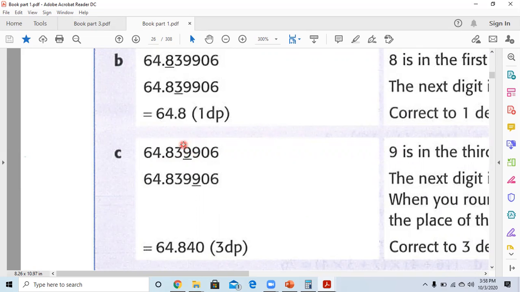This scenario is good because it's a 9, so 9 plus 1 is 10, so we put 0 here and 1 goes to the next number, 3, so 3 plus 1 is 4. So our answer is 64.840. After the point you never read the number as 840, don't say it like that, you read the digits one by one.